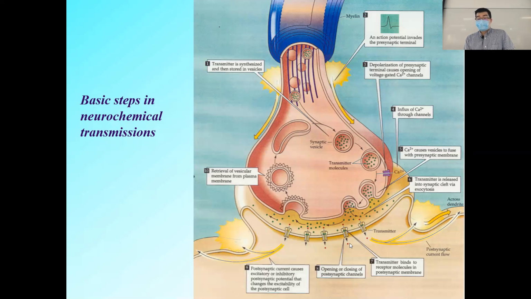Some of those are ligand-gated channels, and then the ions will rush in and trigger changes in the membrane potential. Okay. Now those will diffuse out, and the neurotransmitter will be metabolized or taken up, depending on which type. Okay, depending on the type of the system, which we will go through one by one.